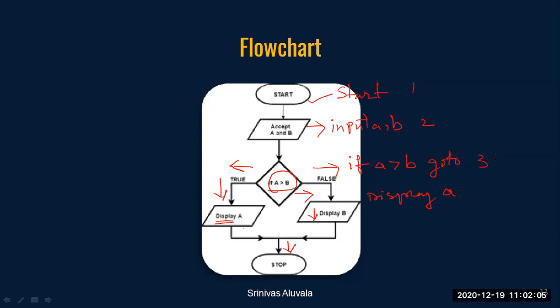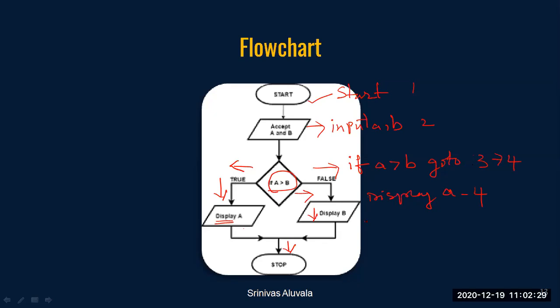This is step number 3. I'm asking it to go to 4. Yes. If A is not greater than B, where should it go? Tell me. As it should go to somewhere else, which step?